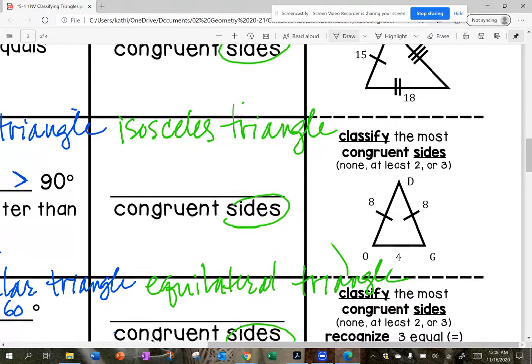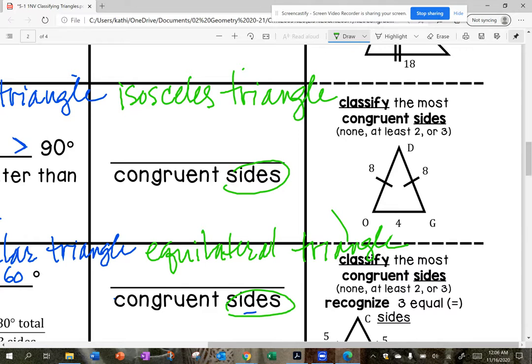And my next example, when I have 2 sides that are congruent, so that's at least 2, or I could see it by numbers. When I have 2 congruent sides, I have an isosceles triangle.